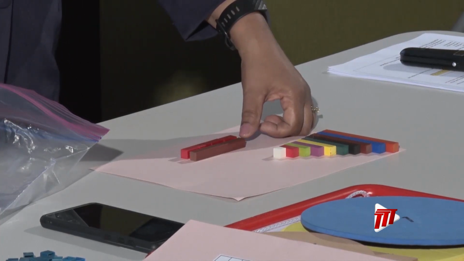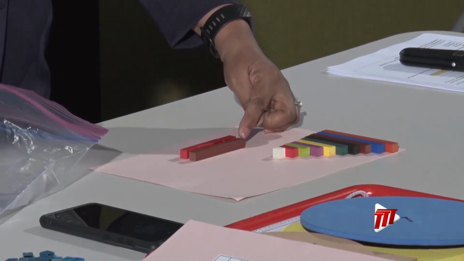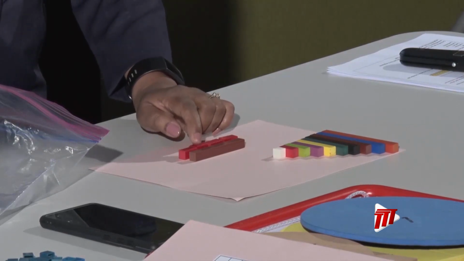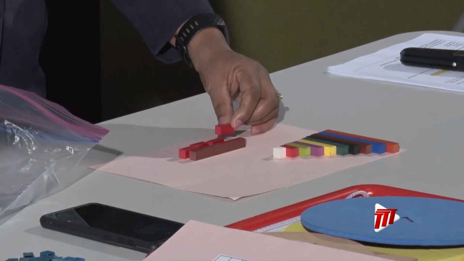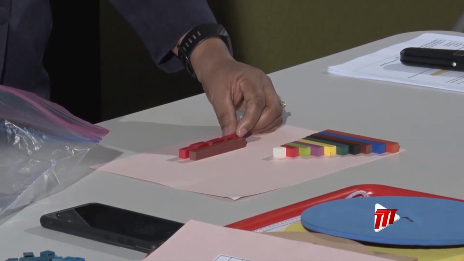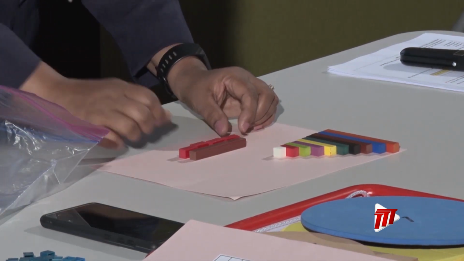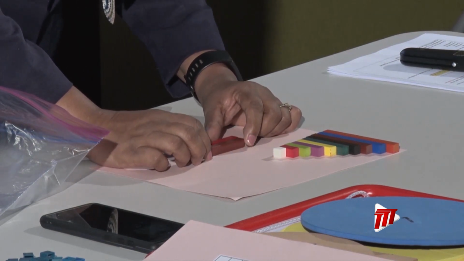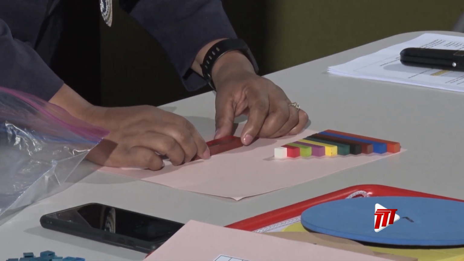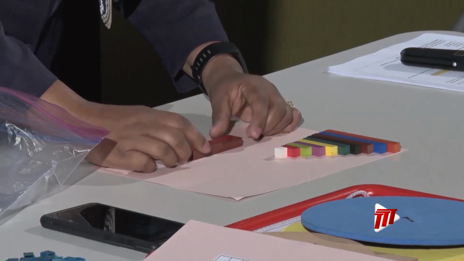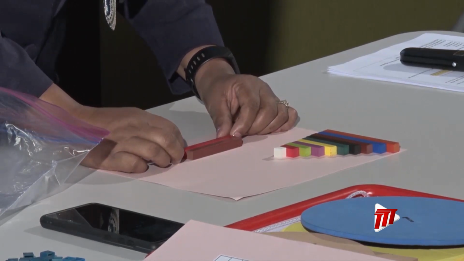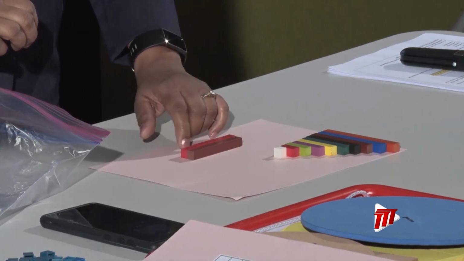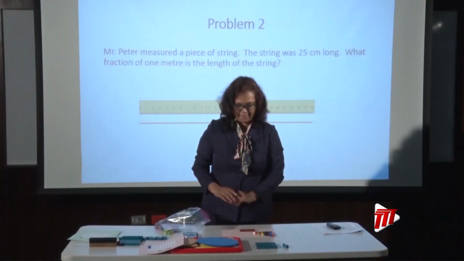So if this is representing my whole meter, then each one of these, and I'll pull them apart a bit so you can see that there are 4, each one of these is representing 1 out of 4 parts of this whole meter. And that is 25 centimeters. Right? So this is 25 centimeters.